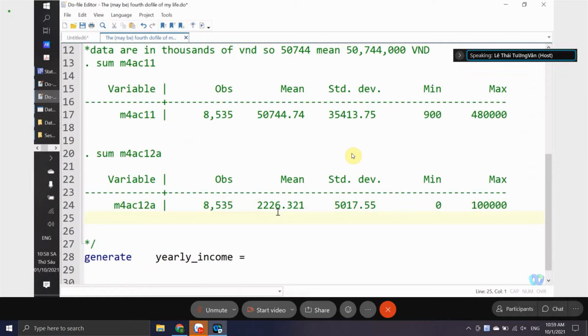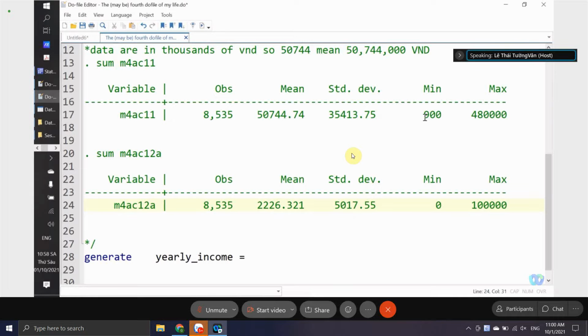On average, a Vietnamese person earns tiền lễ Tết and so on of about 2.2 million per year. Sounds okay? That is back in 2016, right? We are developing very fast, so now it could be higher.